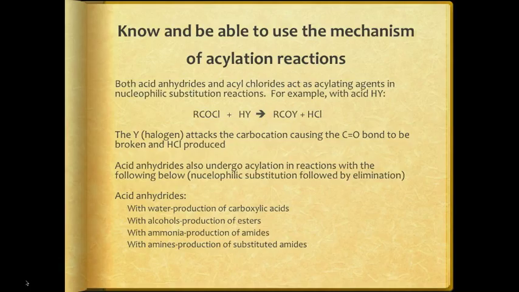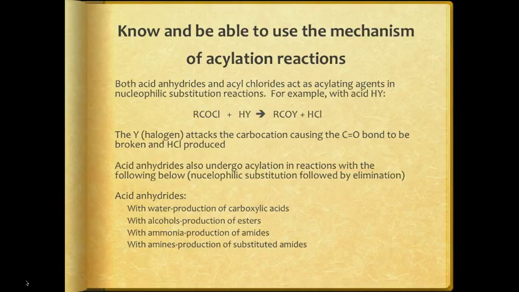I talked about acylation in the previous slide. Let's see what an acylation is. Both acid anhydrides and acyl chlorides are acylating agents. Take a look at the acyl chloride below, RCOCl.